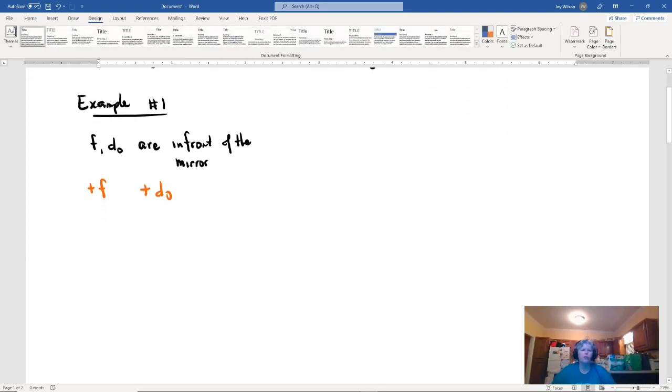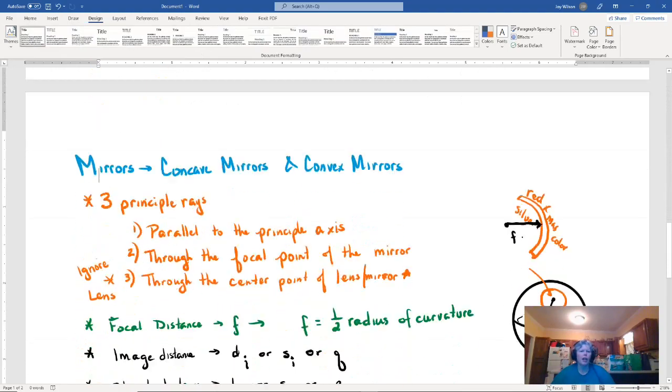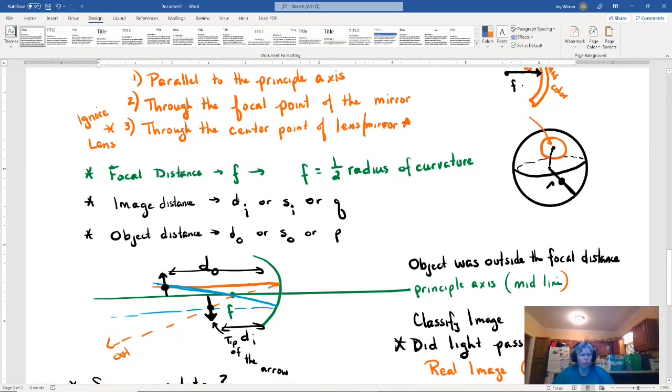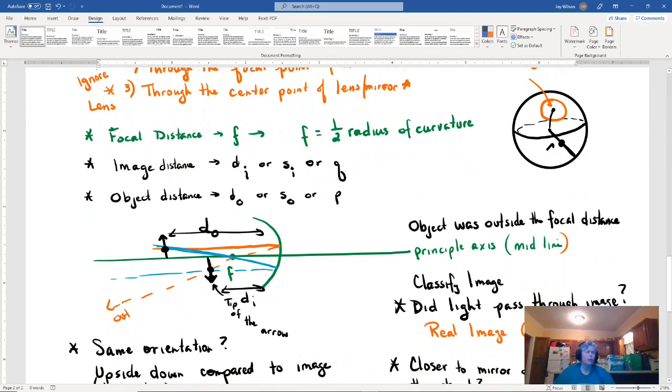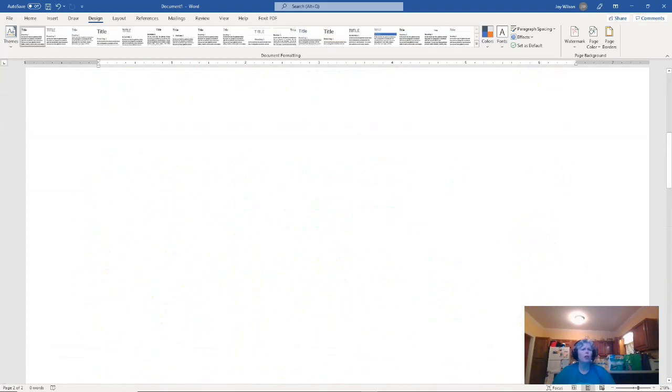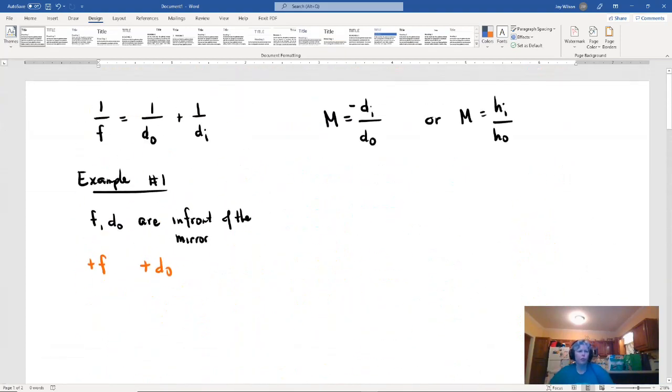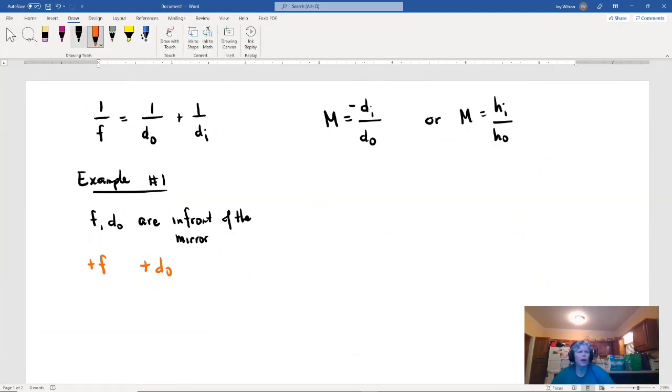Where did our image form? Our image formed in front of the mirror as well. And since our image formed in front, the image distance is also positive. So di will come out to be a positive number because it is in front of the mirror.